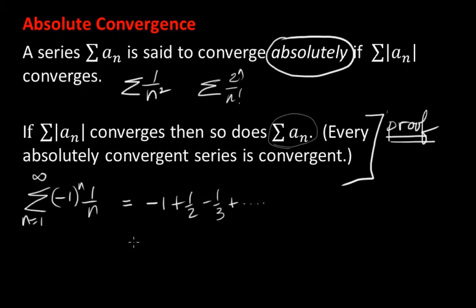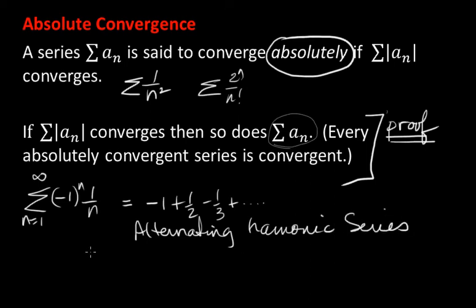So it's not the harmonic series, it's the alternating harmonic. This series converges, and in fact, amazingly, it is equal to the natural log of 2. That's what the sum of that series is. You don't have to memorize that.